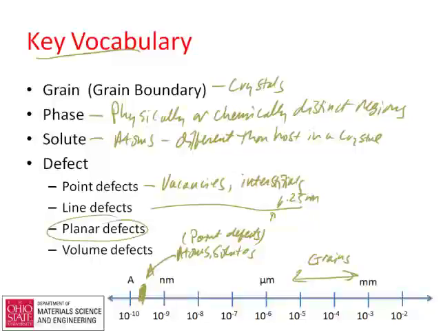Planar defects are, for example, things like grain boundaries we'll talk about. Again, they're going to fit in this part of the size spectrum. And then volume defects might be things, for example, like voids, which could be sort of almost anywhere along the spectrum, depending on what we're looking for.